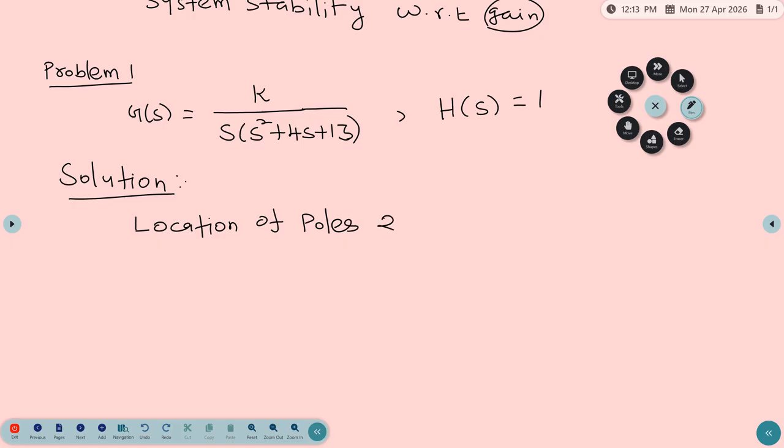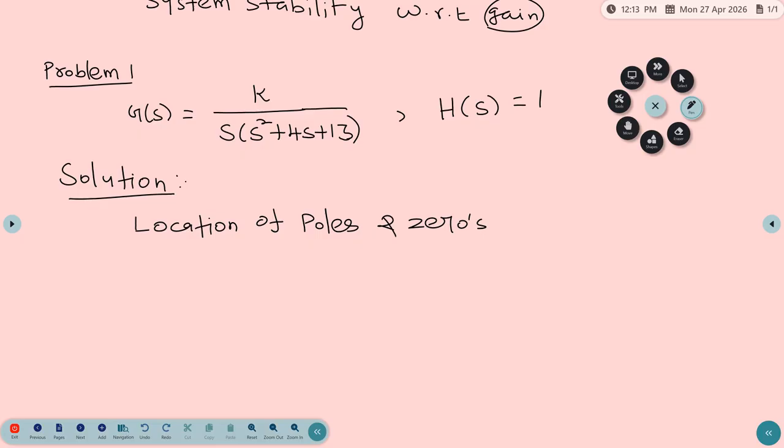We need a normal graph sheet to construct a root locus. In that graph sheet, we need to locate the poles and zeros of the given problem.